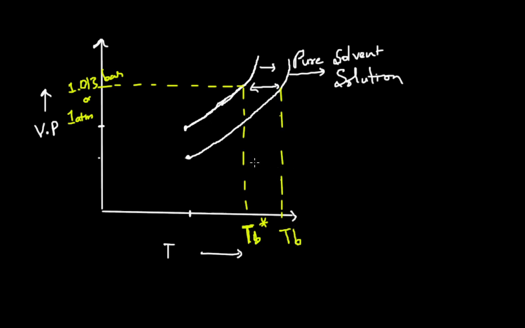So there is an elevation in boiling point. Delta TB is the elevation in boiling point. So temperature is in Kelvin and vapor pressure in bar or atmosphere. This is the scenario here.